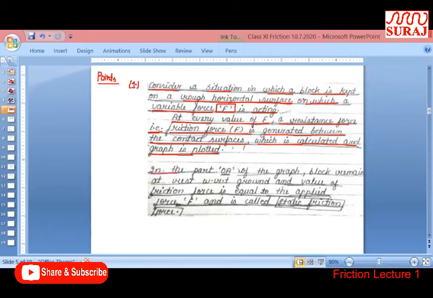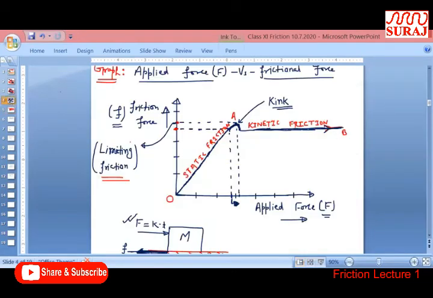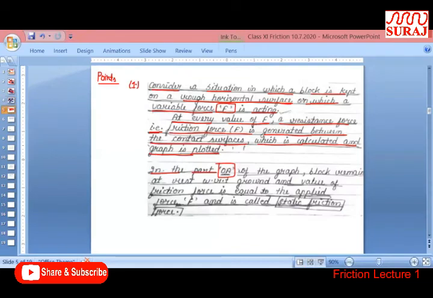Now changing the paragraph. For the same point, in the part OA, you remember the part OA? I will show you. In the part OA, this part from O to A, in the part OA of the graph, block remains at rest.